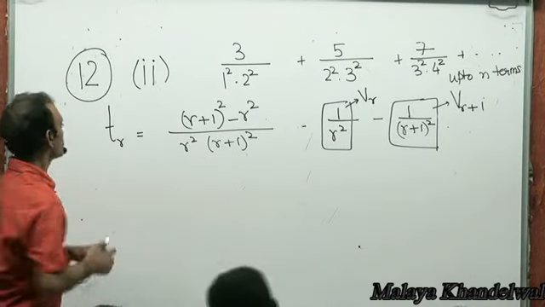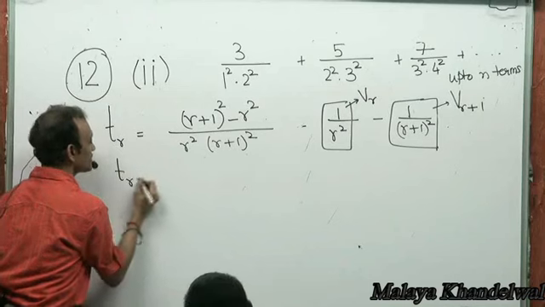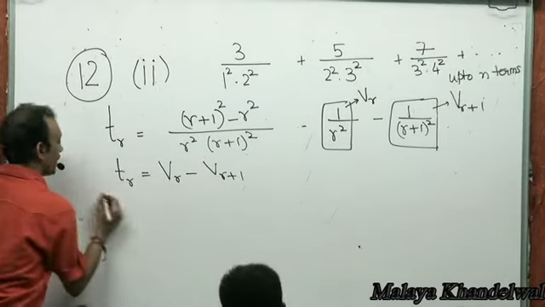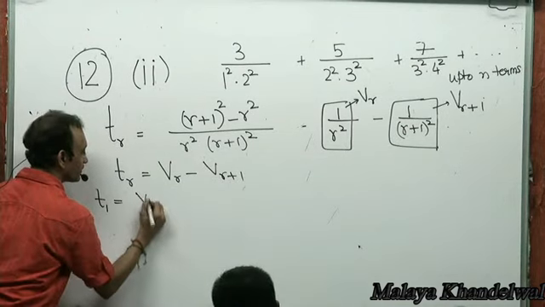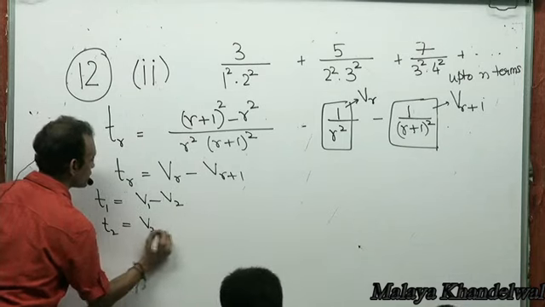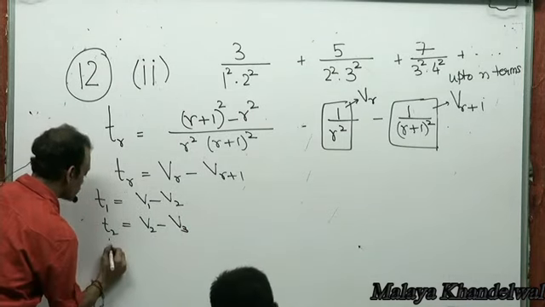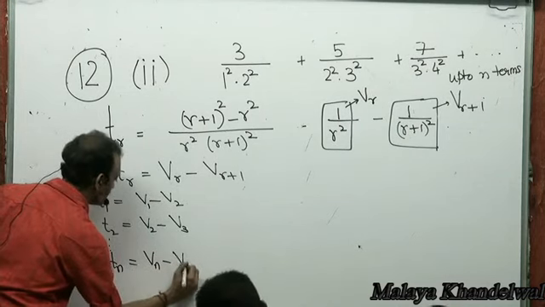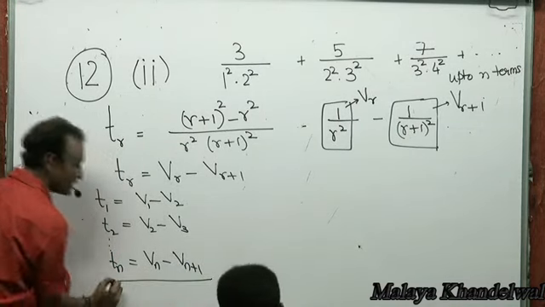Clear? So then the rth term is V_r minus V_(r+1). Plug in r equal to 1, V1 minus V2, r equal to 2, V2 minus V3. Going this way, r equal to n, Vn minus V(n+1), right?